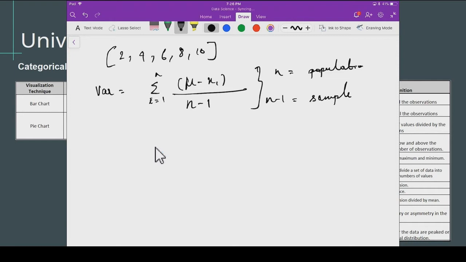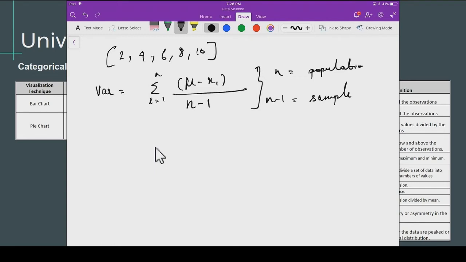You can't literally calculate the average height for a billion men. You'll take a small sample, which is a true representative of the entire population, probably 10,000 members, and use that as a statistic to infer some ideas about the entire population. So when you have a sample, the denominator would be n minus 1, and when you have the entire population, the denominator would be n. In this case, we use n minus 1.